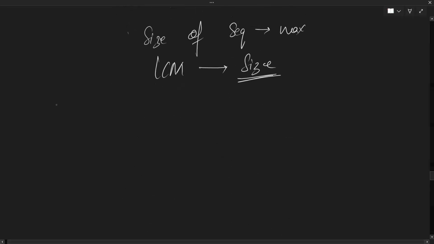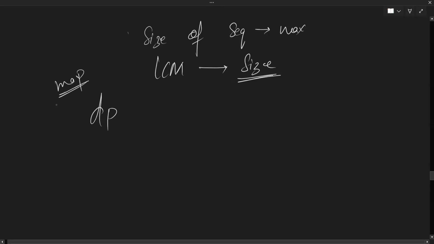First of all, we know that the size of the sequence should be maximized. We need LCM mapped to the size of the sequence, and this should be maximized. So let's try to make a DP, and this is a map. Why a map?